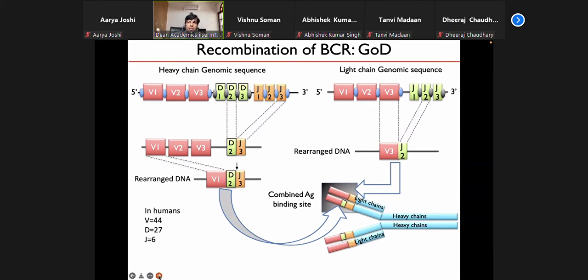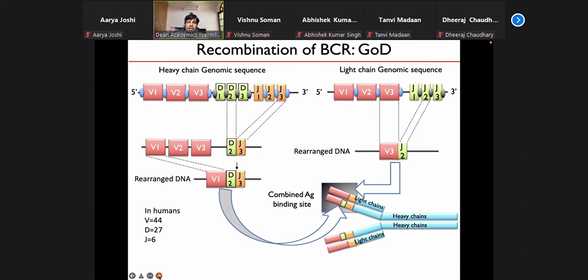Obviously, you don't have only one B cell. You have numerous B cells which are following this process of recombination, and that is why these different B cells that you develop will have one antigen specificity or the other, or the other, or the other. One clone might recognize one antigen, another clone a millionth antigen, another a billionth antigen, and so on and so forth.